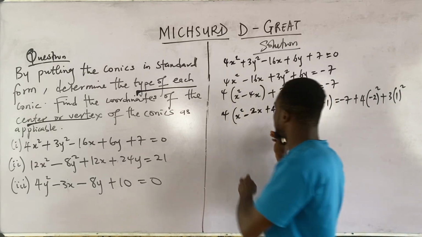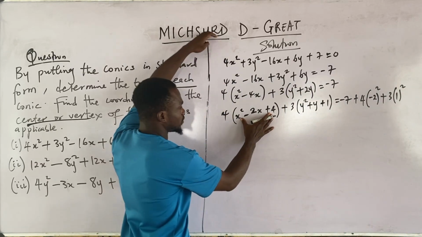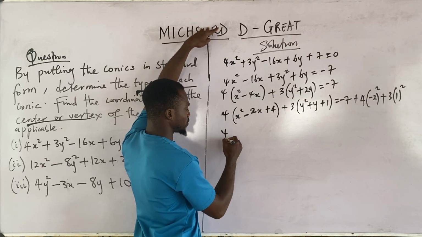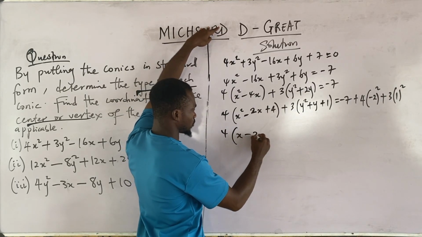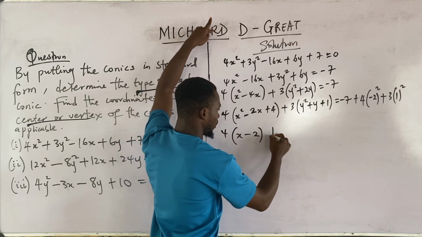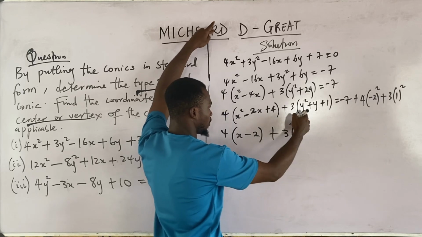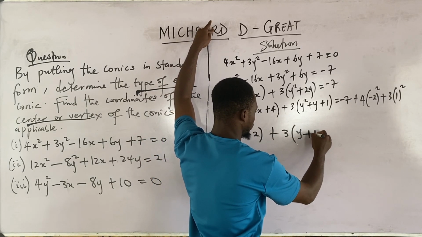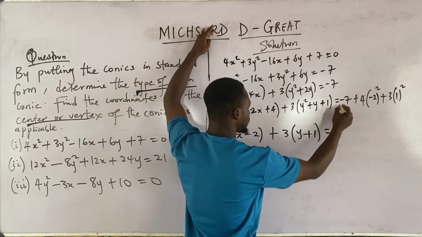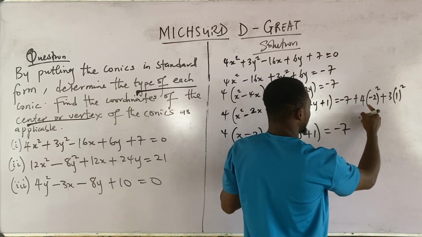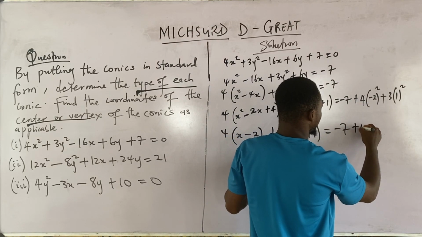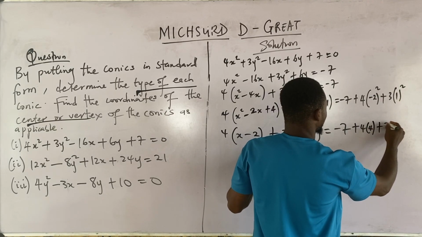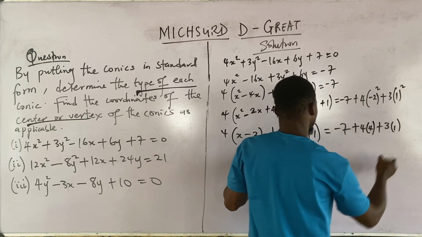In the simplification of this, if we factorize, this will give us 4 times x minus 2 squared, then plus 3 times y plus 1 squared, equal to minus 7 plus 4 times minus 2 squared, which is 4, plus 3 times 1 squared, which is 1.